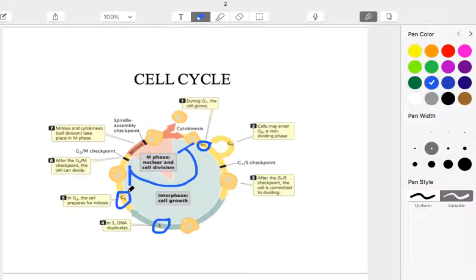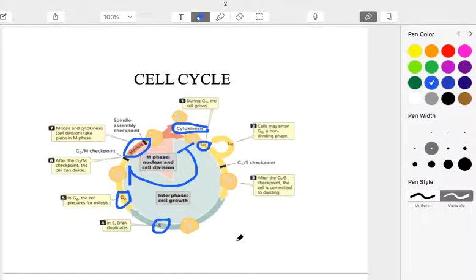Then you're going to have the M phase, which is mitosis. Mitosis includes prophase, prometaphase, metaphase, anaphase, telophase, and eventually cytokinesis. Then you're going to have another cell. So this process will happen.